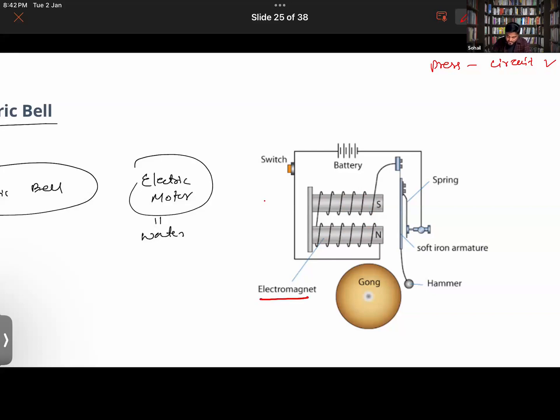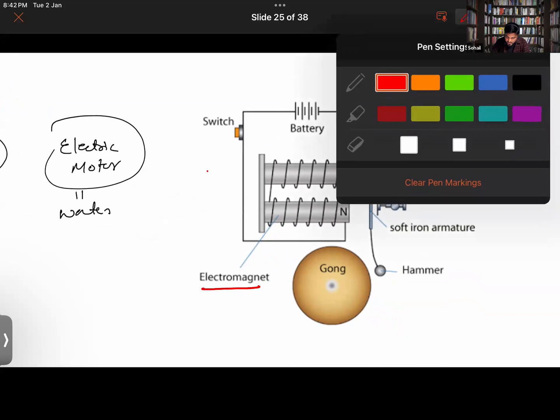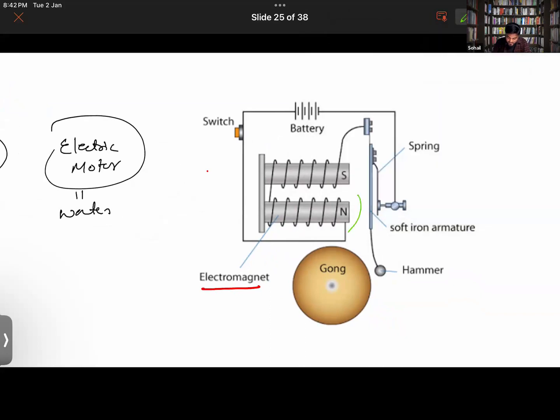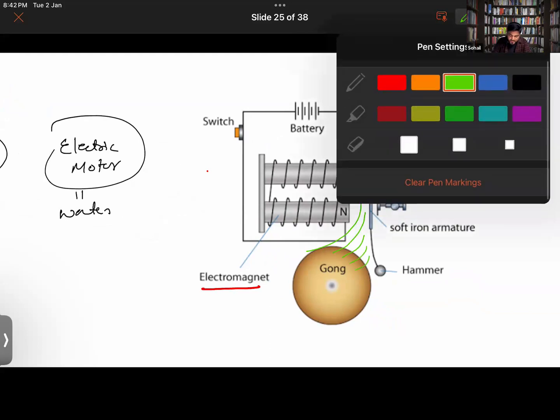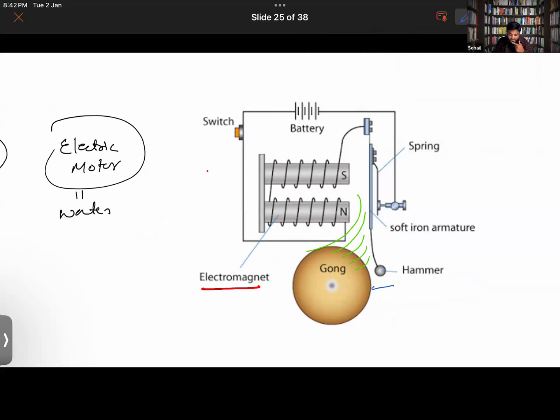So thereby what will happen? The hammer will be attracted towards it. See here, this electromagnet will now be attracting the soft iron armature.